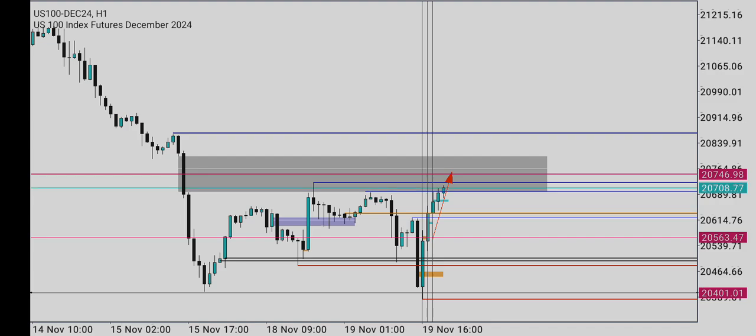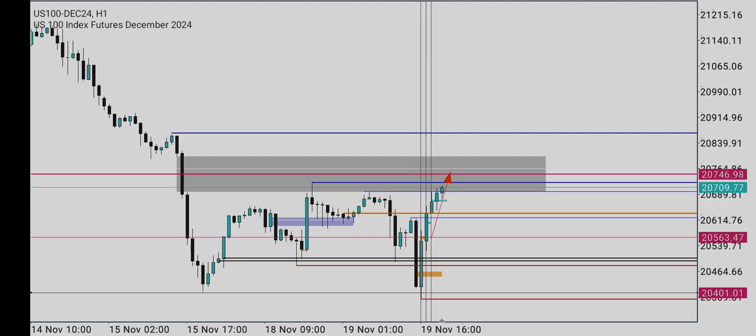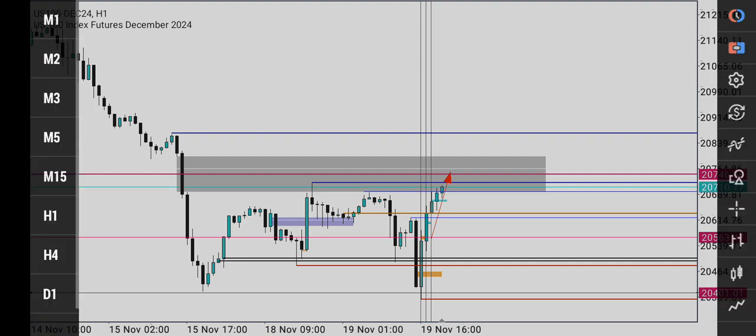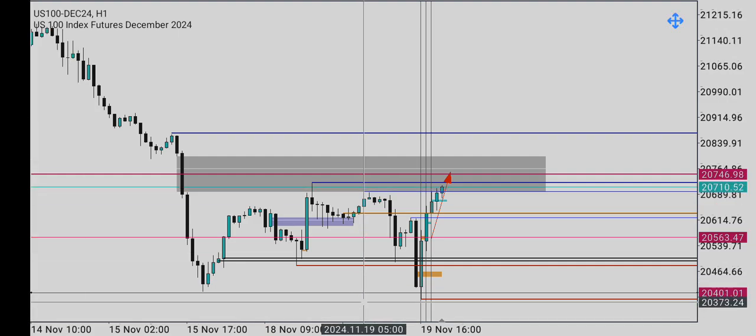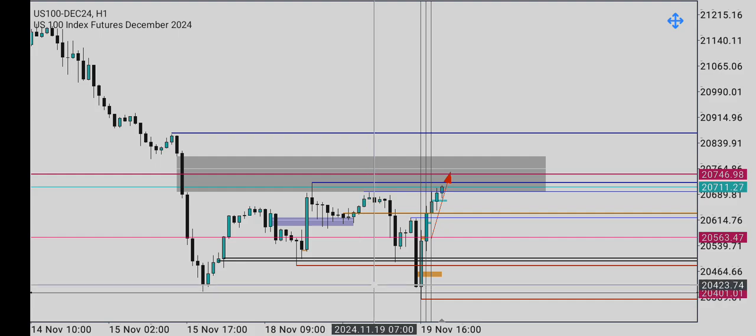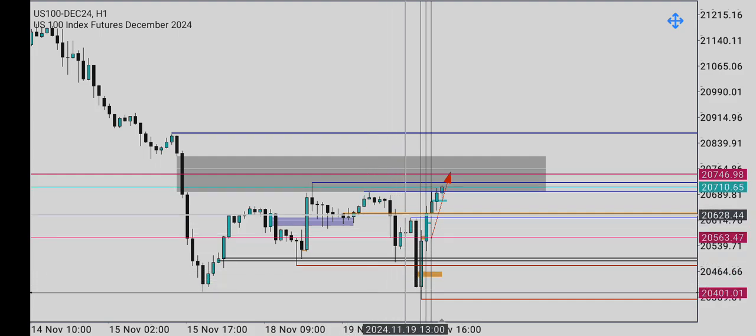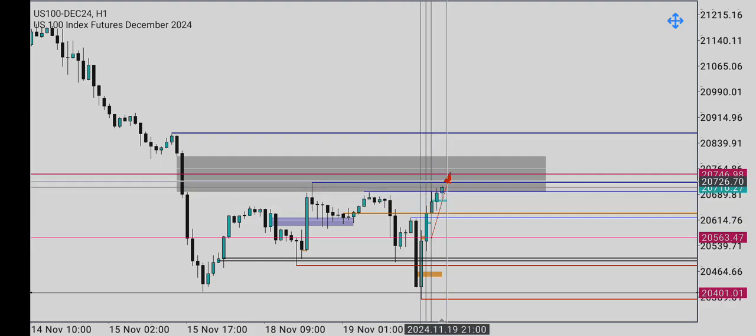After the price took this sell side liquidity before the 9:30 open, my bias was bullish, and my target was for the price to reach this buy side liquidity, and also to reach the midpoint of this 1 hour fair value gap, right?